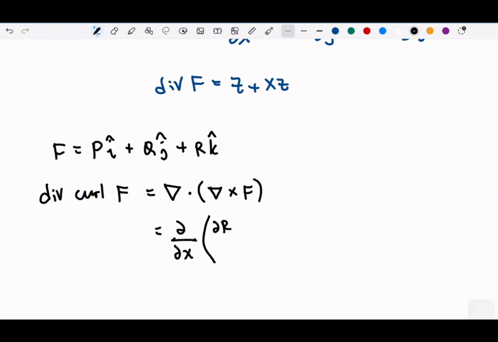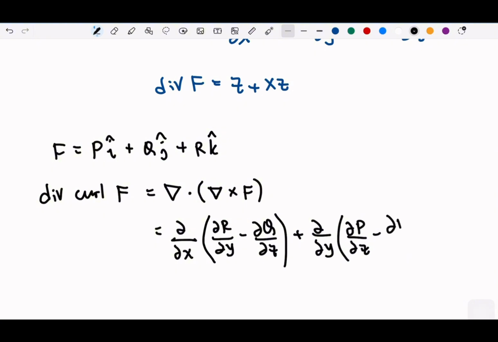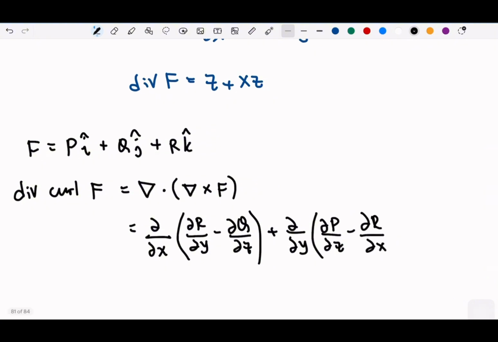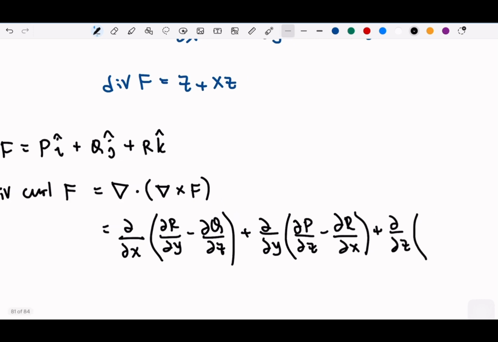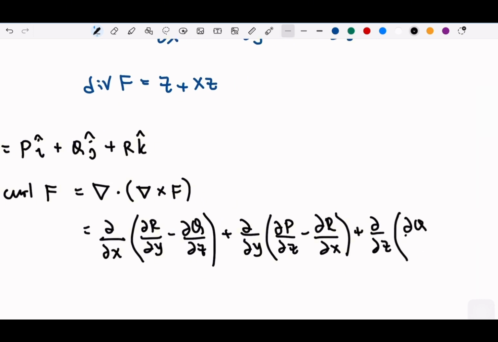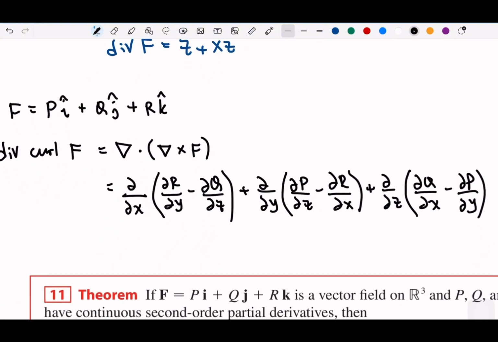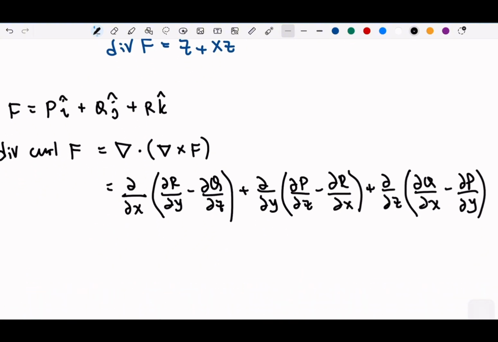So ∂R/∂y minus ∂Q/∂z for the x component, and plus ∂/∂y of ∂P/∂z minus ∂R/∂x, and the same thing with z, which is ∂Q/∂x.